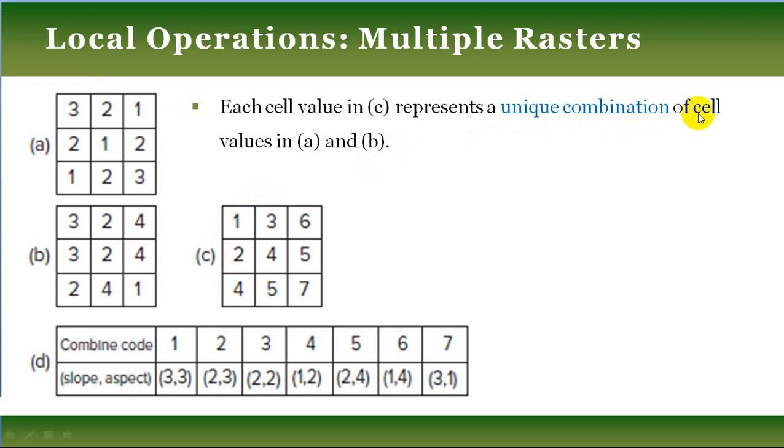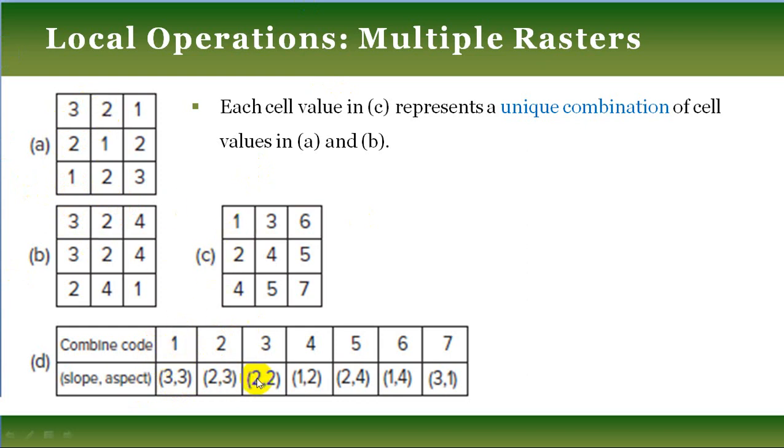Unique combination of cell values in A and B. Unique combination means this pixel in the input raster 3, then in this pixel 3. So 3 3 is a pair, a unique combination, and it will assign a new value 1.